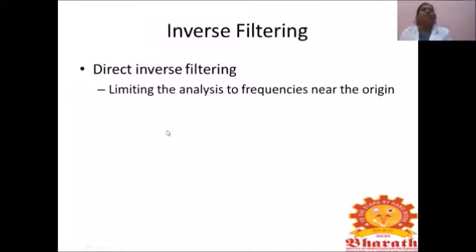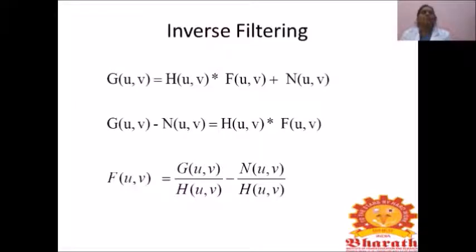In direct inverse filtering, there is a limitation for analyzing frequencies near the origin. This is our formula for image restoration in terms of Fourier. Here we have to judge which values are known and which are unknown.